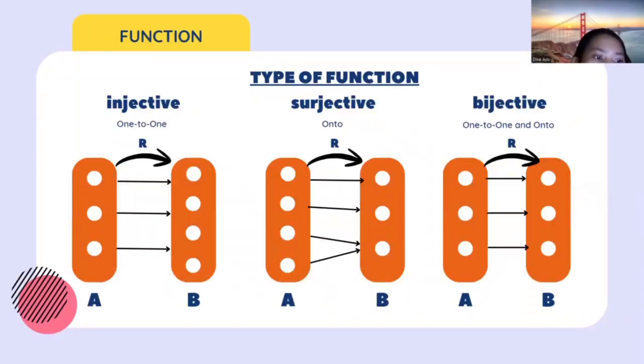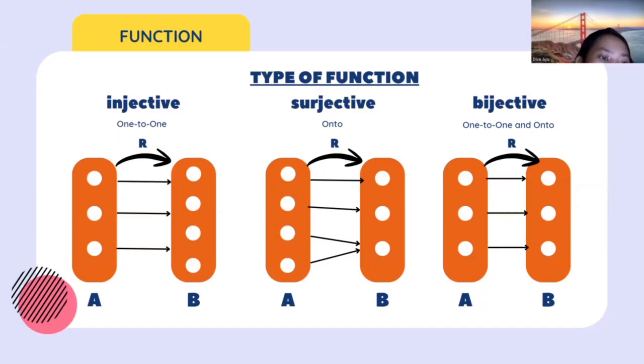Now we move to types of function. There are three types of function. First is the injective function. An injective function is a function in which each element of the codomain is related to at most one element of the domain.